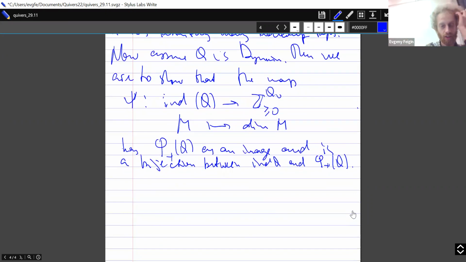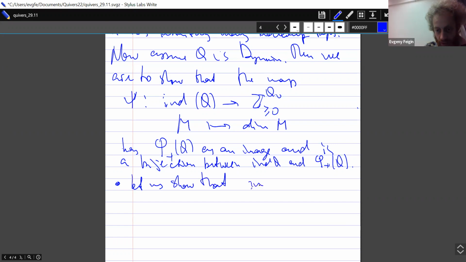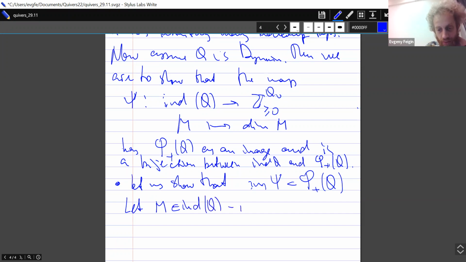So let us start. First of all, the first part: let us show that the image of psi sits in the set of positive roots of Q. For that, we take M to be an indecomposable representation.